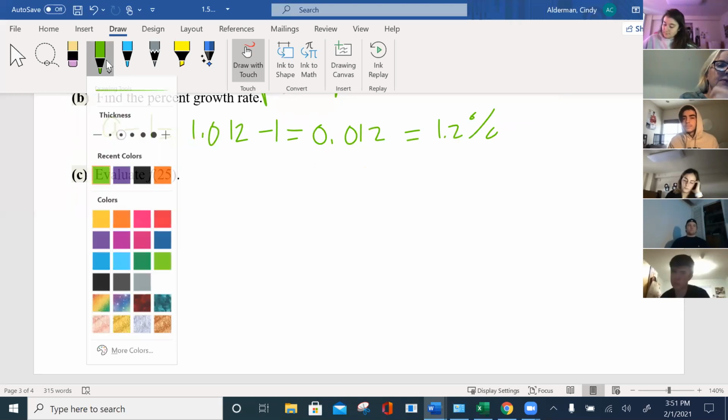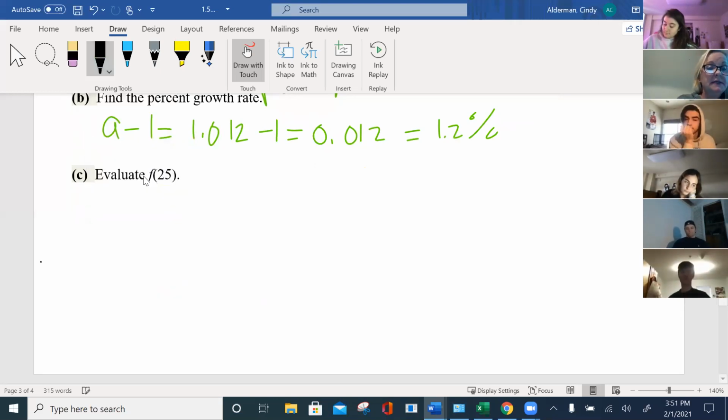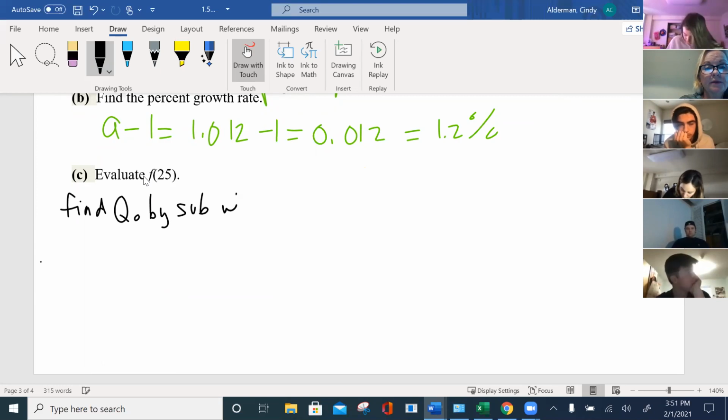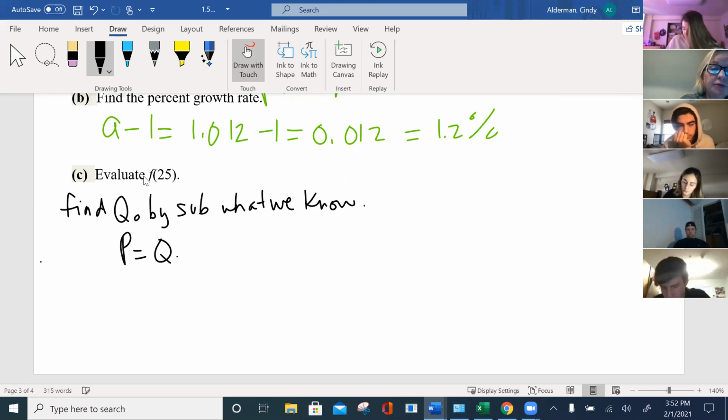All right. So now we're going to evaluate f of 25. So we're going to find Q sub 0 by substituting what we know. Okay, so we start with the formula. P equals Q sub 0 a to the t power.